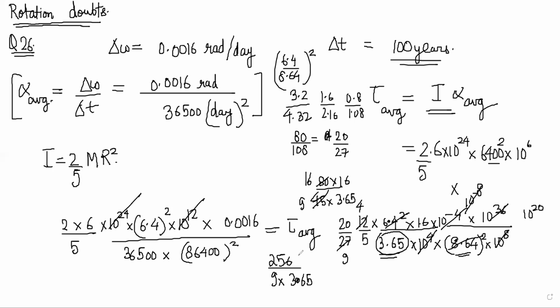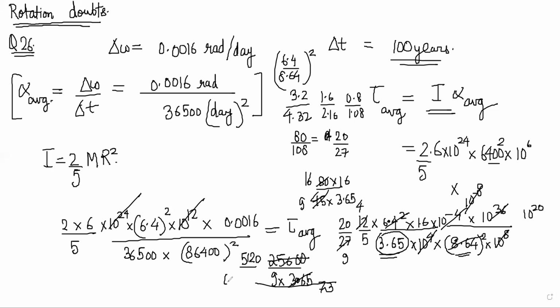So 365 by 100. So 365, so 73 and 5 will give you 5,120 by 73. Okay, so 9 into 73 is 730 minus 70, 640, and minus 3, 637.